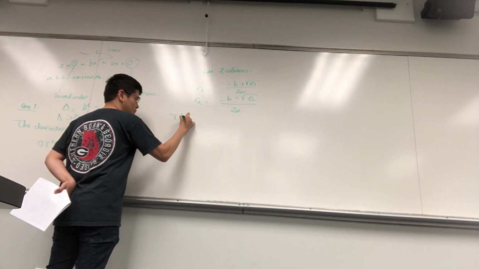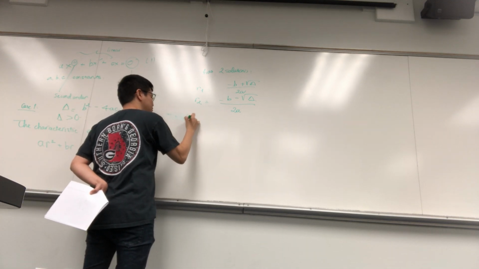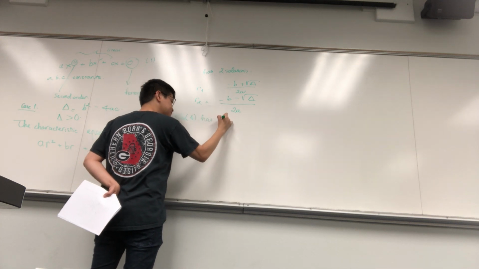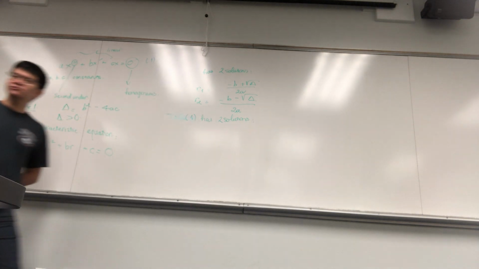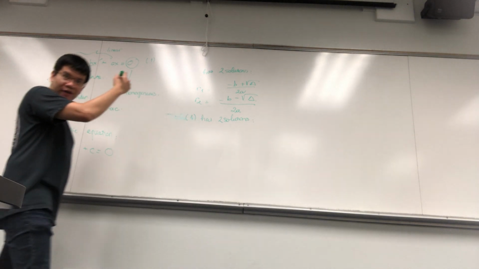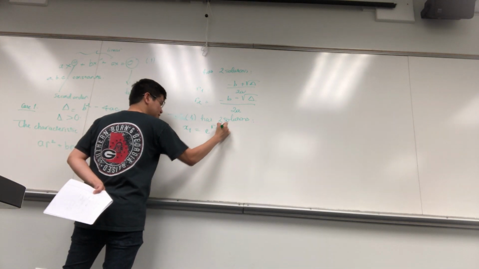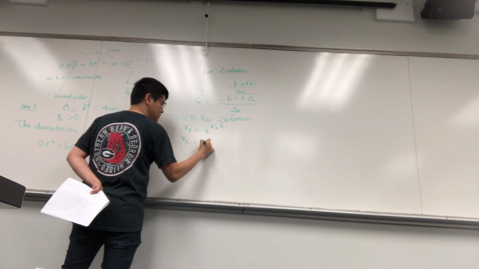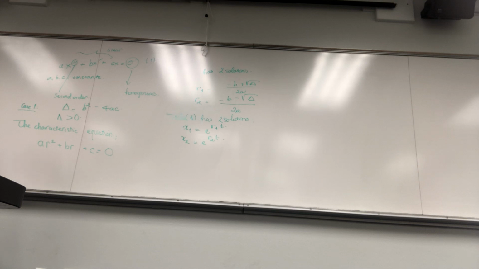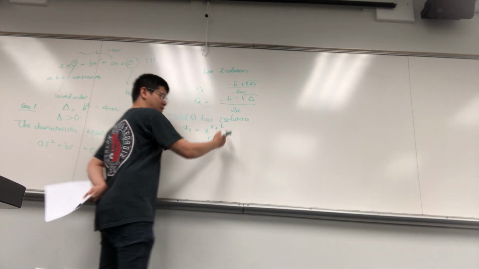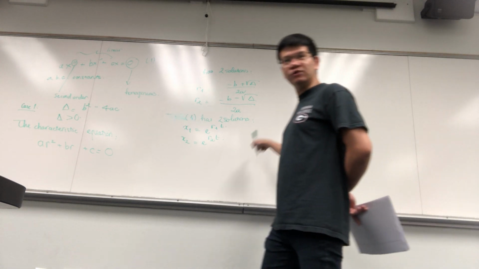the equation one has two solutions, which are x1 equals e to the r1t and x2 equals e to the r2t. And we know that if x1 and x2 are both solutions, then the linear combination of x1 and x2 will also be a solution.